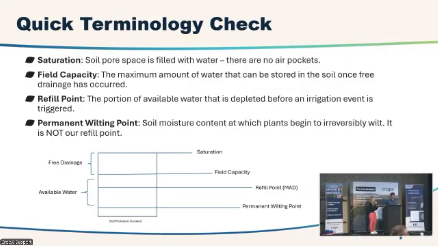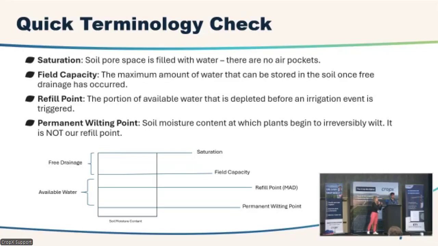It depends on how you look at it, but it's above that top line on our profile sum graph. That's typically what we're going to call saturation in our field. Field capacity is right at that blue line, the maximum amount of water that field can hold after that free drainage occurs.